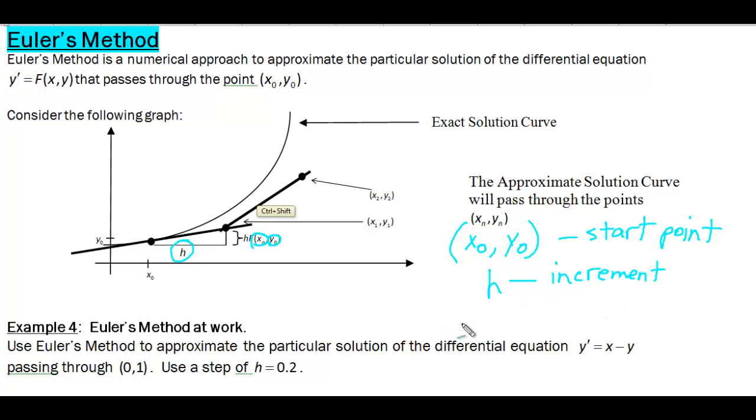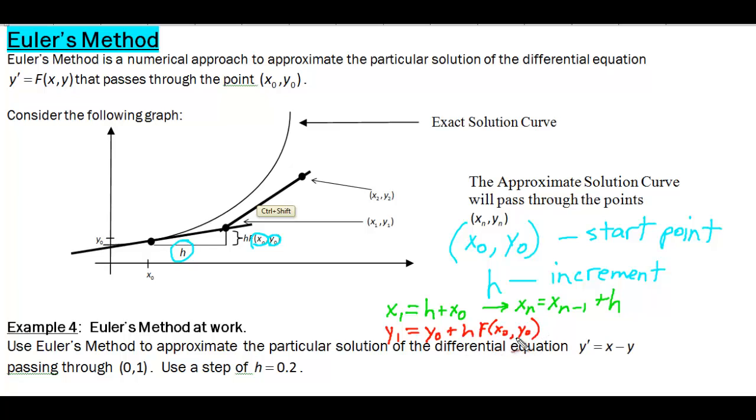And so we would say that x1 equals h plus x0, and in general, xn equals xn minus 1 plus h, and y1 equals y0 plus h times f of x0, y0.